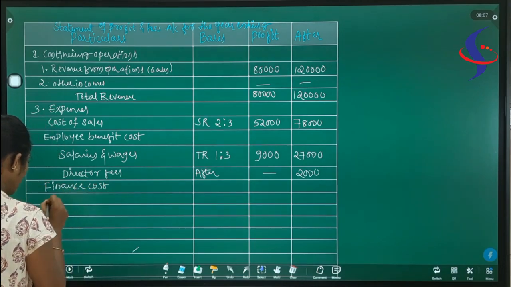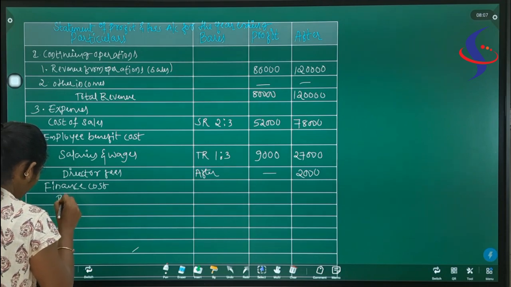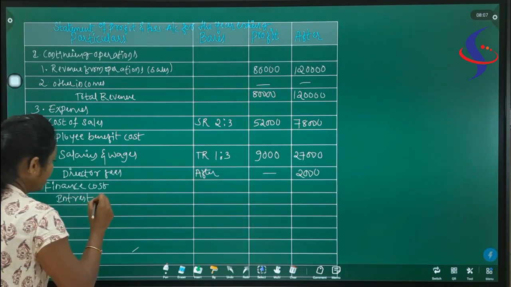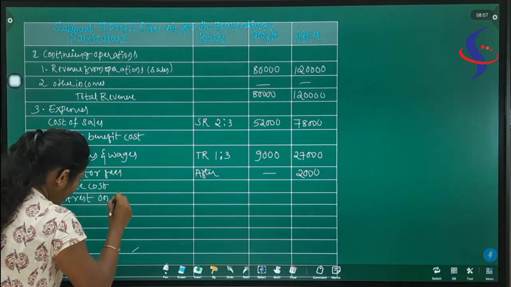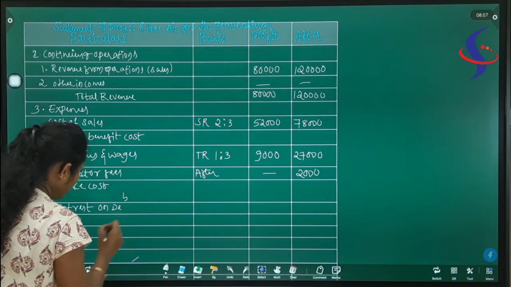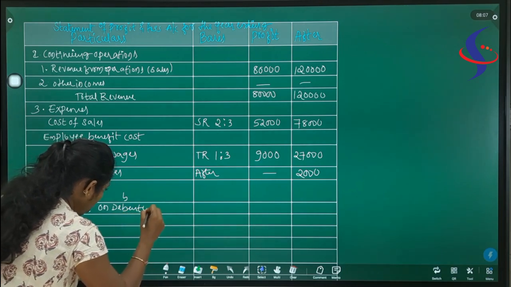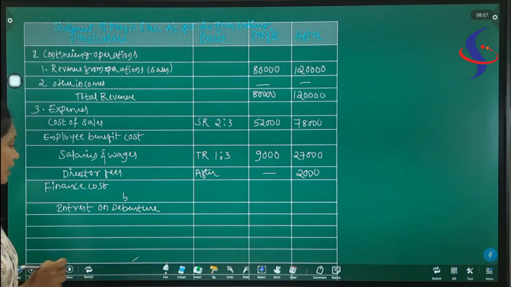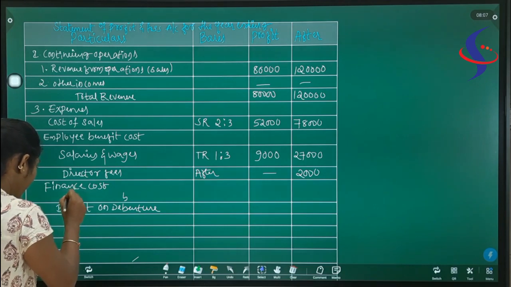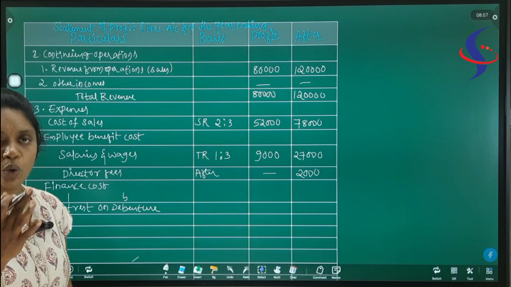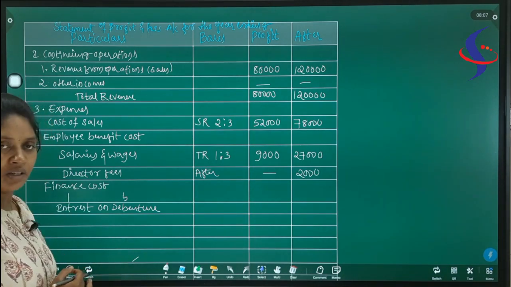In that finance cost, interest on debenture. Even this we will not divide using any ratio, because debentures will not come to the company before you incorporate. Once you legally incorporate your company, then only you can issue either shares or debentures.